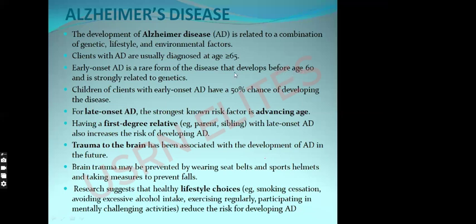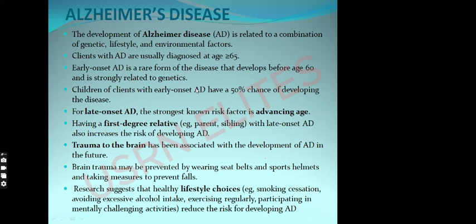So you can have some developing before age 60, and it's strongly related to genetics, especially those that develop below 60 years. Children of clients with early onset of Alzheimer's disease have a 50% chance of developing the disease.